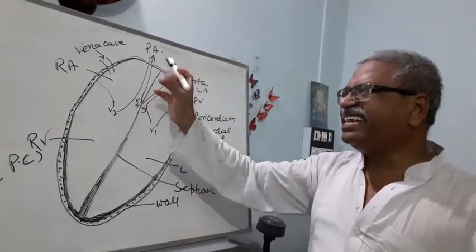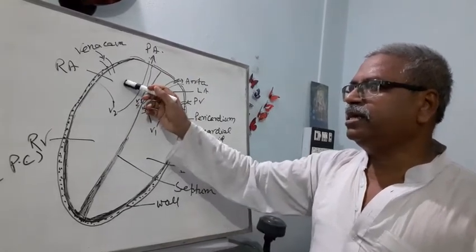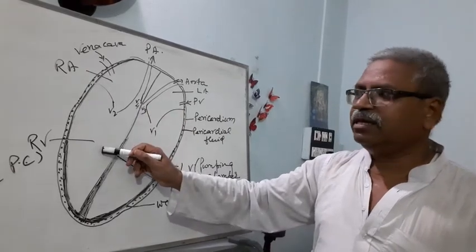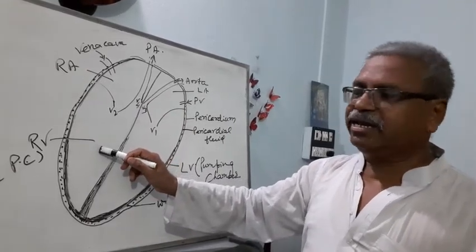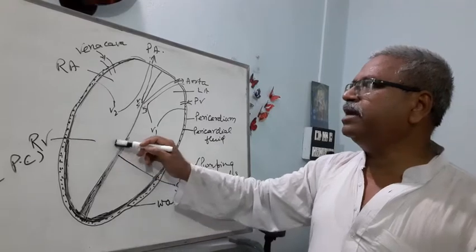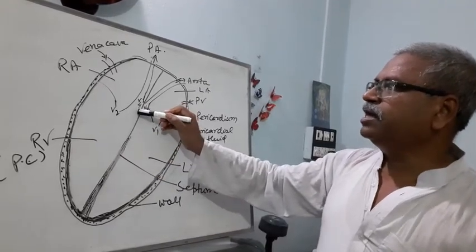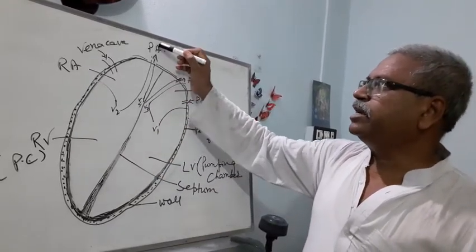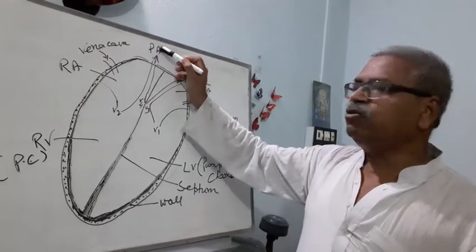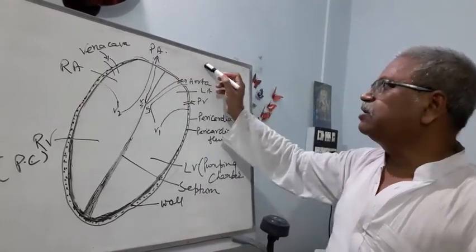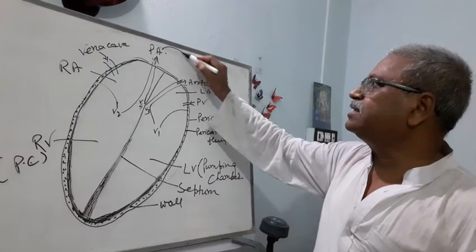Whenever this portion contracts, blood is pushed downward into the right ventricle. When this contracts, blood goes through the V4 valve into the pulmonary artery, which carries it to the lungs.